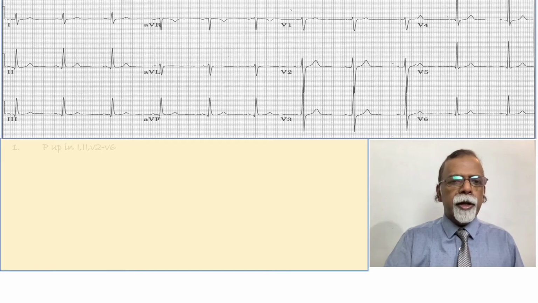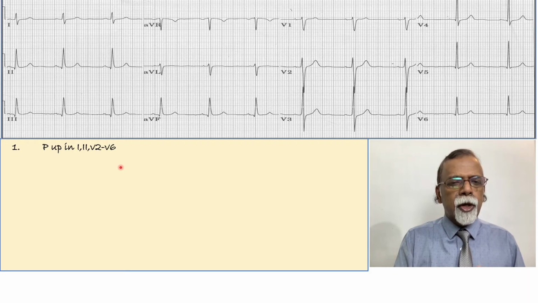The rule number 1, the P must be upright in lead 1, lead 2, V2 to V6. So you can see that the P wave is upright in all these leads, and it must be negative in AVR, and the duration of the P is important.